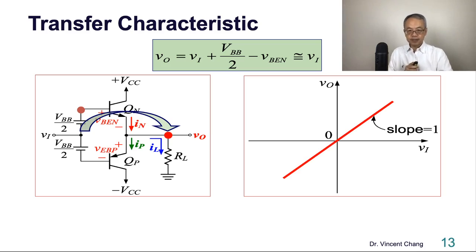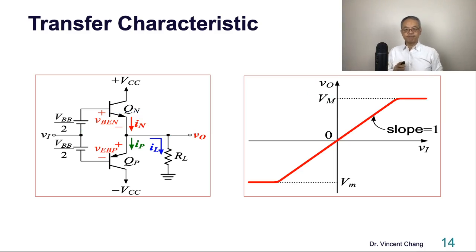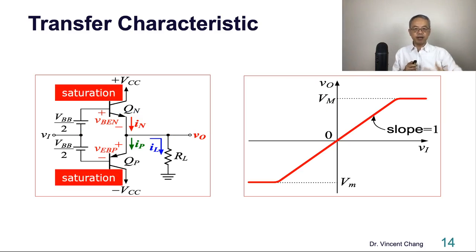It's a straight line passing through the origin, and on the two ends, the NPN and PNP get saturated. So it's a very clean and simple transfer characteristic: the linear region in the middle, the saturation on both sides.